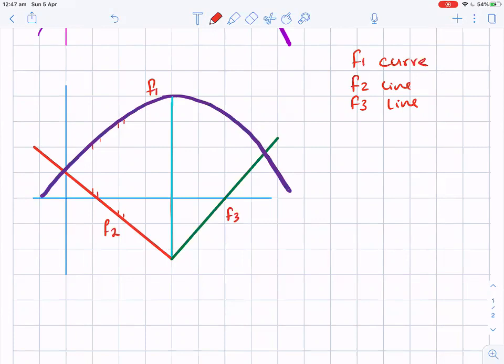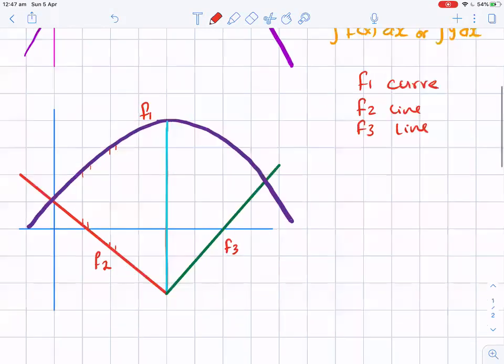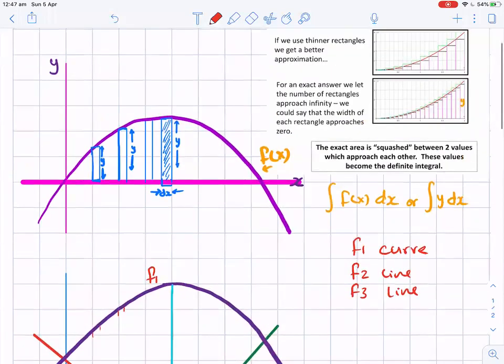from the previous graph, we said the height of each rectangle represents y, or f of x, and the width is dx.